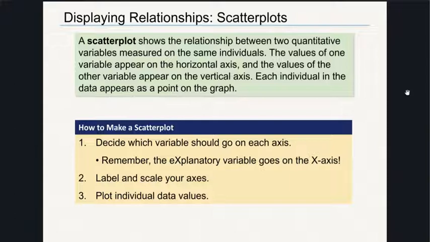So anyway, let's look at some scatter plots that we have here. Well, first of all, just before we do that, remember, explanatory, you see the letter X. The explanatory variable is the variable that's going to go on your x-axis. The response variable is going to go on the vertical axis or the y-axis. And the reason we do this is because you could think back to algebra.